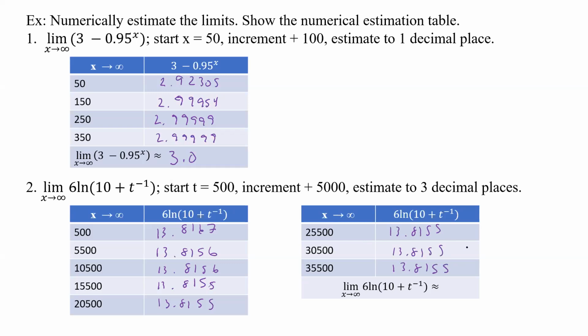There was like a 3 something, 3 something, and so on. So it looks like if we're rounding to 3 decimal places, this is going to go to approximately 13.816, because that would round to 6, and that one would round up to 6 also, as well as that one, and that would go up to a 7. So all the last ones of these would take it to the 6, okay?